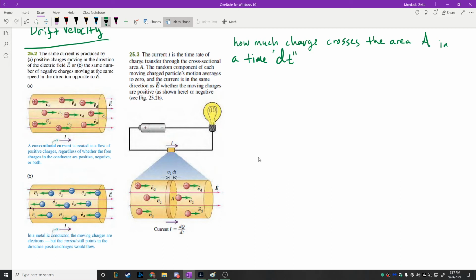So how much charge? We're going to call it dq, the amount of charge that passes.